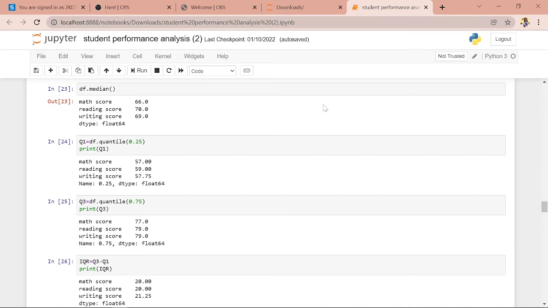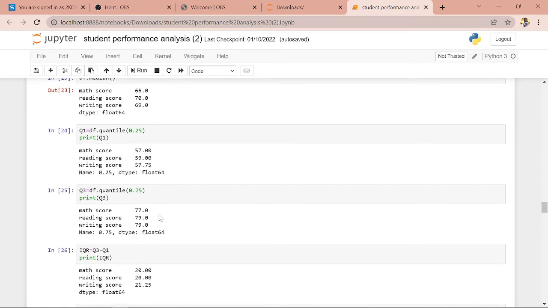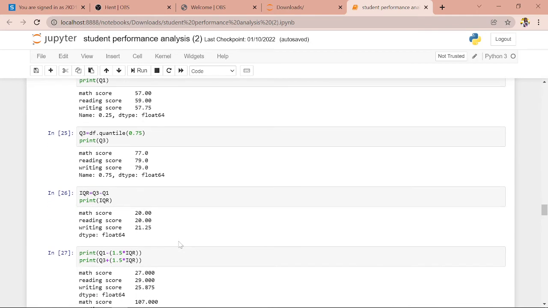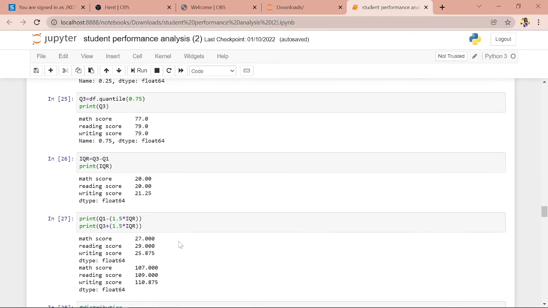Q1 equals df.quantile(0.25), print Q1. Math score will become 57.00, reading score 59.00, writing score 57.75, and Q3 like that. Q3 is 0.75, and IQR is Q3 minus Q1, print IQR. Here the math score is 20.00, and reading score and writing score 21.25.